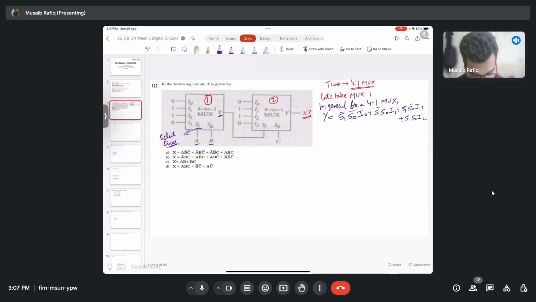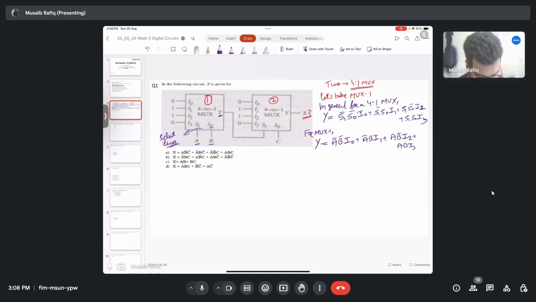Now just plugging the values, for mux 1 we have Y equal to, in place of S1 I will write A bar B bar I0, then A bar B I1, then A B bar I2, and then A B I3.